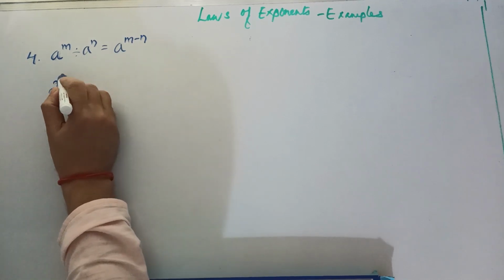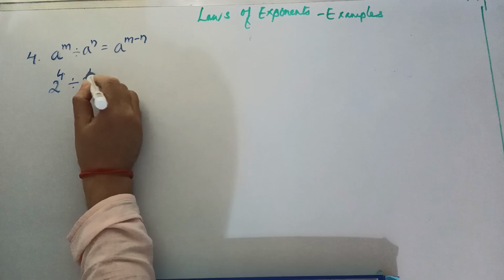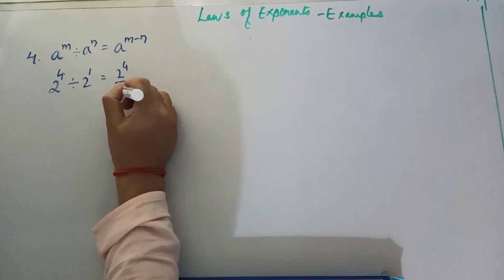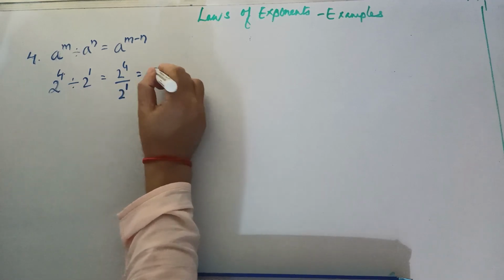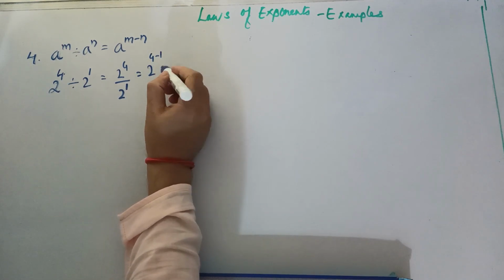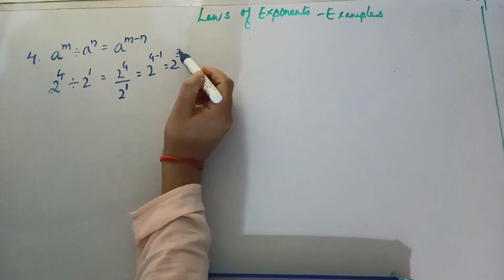So let's say 2 raised to 4 divided by 2 raised to 1. This can also be written like this, 2 raised to 4 upon 2 raised to 1. So this will become 2 raised to 4 minus 1, which is equal to 2 raised to 3. 4 minus 1 is 3.